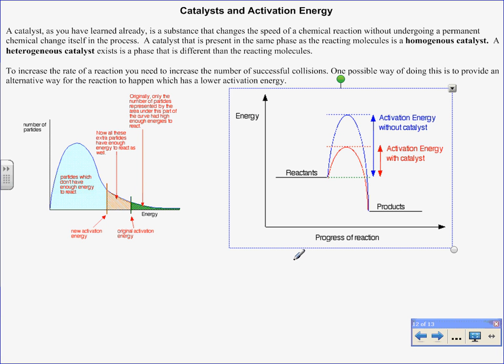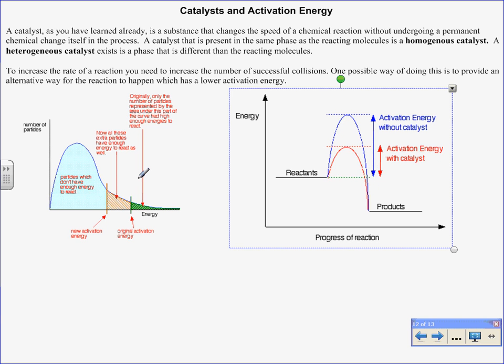So you can have a mechanism with a catalyst or without a catalyst. And usually what the catalyst will do is provide a pathway that has a lower activation energy. In this particular example, the reaction without the catalyst has a high activation energy, but by adding the catalyst, there's an alternative pathway with a lower activation energy.